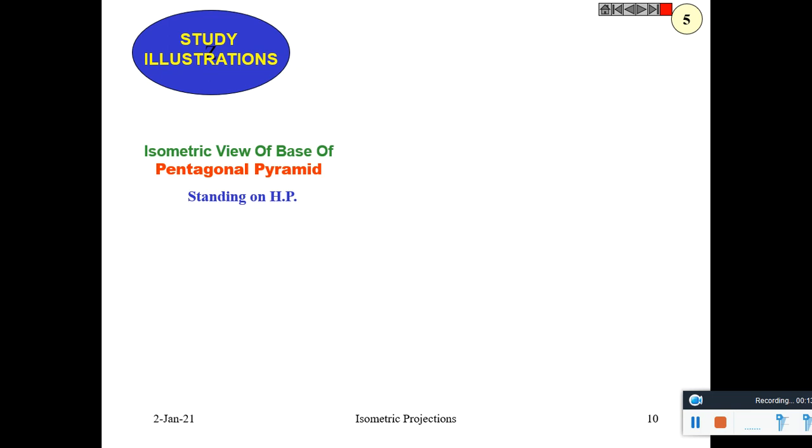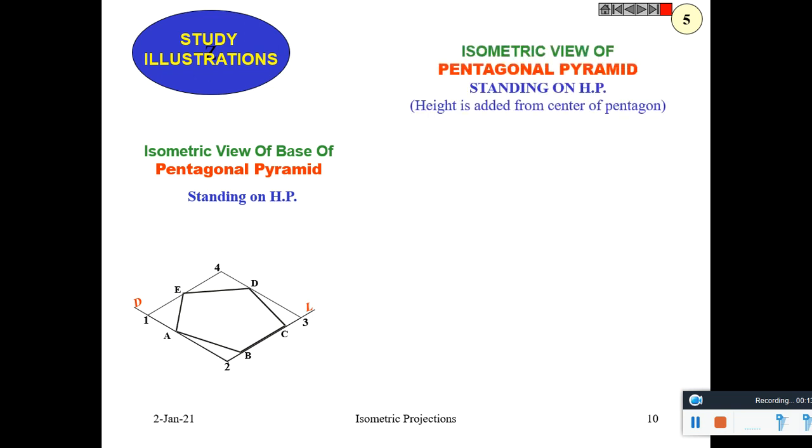Isometric view of base of a pentagonal pyramid standing on HP. Now the isometric view of pentagonal pyramid standing on HP. For that the top view is drawn first.